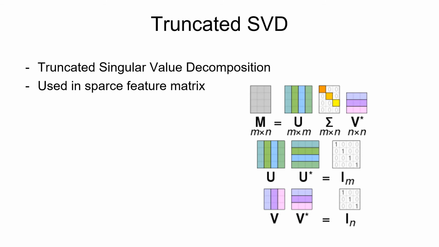Truncated singular value decomposition, or truncated SVD or TSVD, is a matrix factorization technique that factors a matrix M into the three matrices U, sigma, and V. This is very similar to PCA, except that the factorization for SVD is done on the data matrix, whereas in PCA the factorization is done on the covariance matrix.